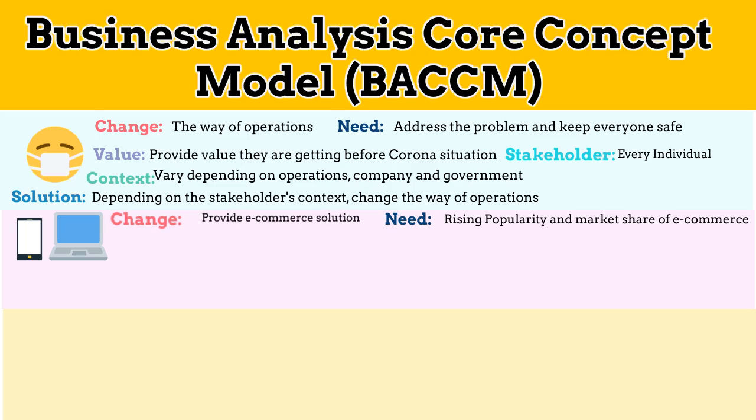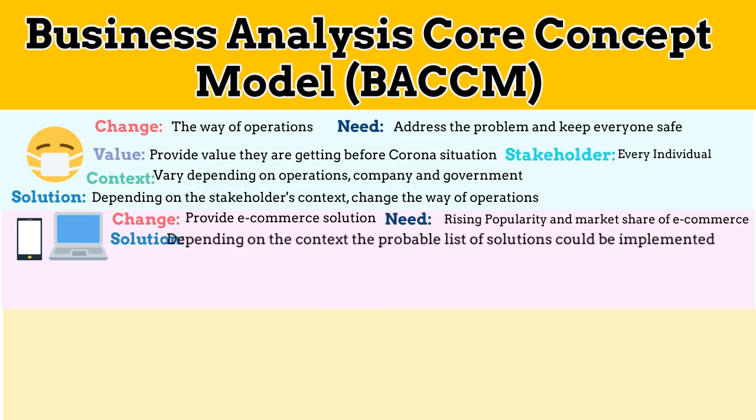Okay, the change they need is to provide an e-commerce solution to customers who prefer shopping online. This will require a completely new business process and functions to fulfill online orders. Getting my point? Okay, the solution will depend upon the company's organizational structure, capabilities, and time sensitive nature of change.